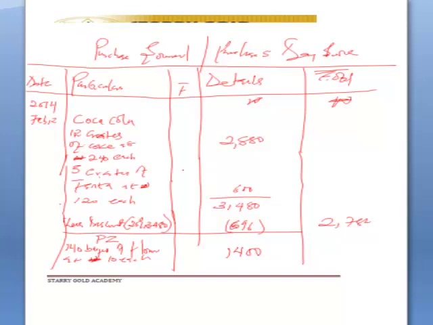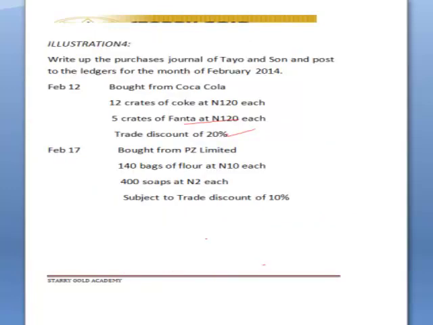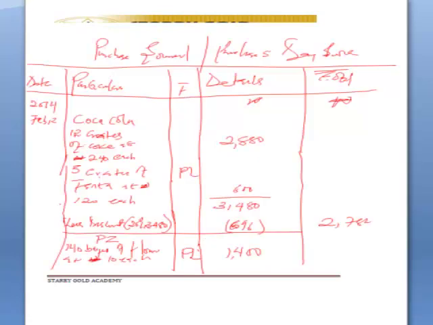I can label this purchases ledger reference. What else was purchased? 400 soaps at 2 naira each, and that will give me 800. If we sum this up, it will give us 2,200.